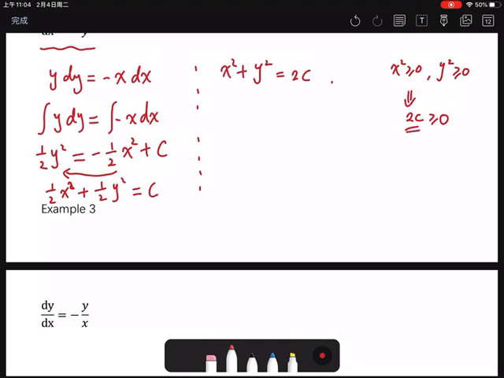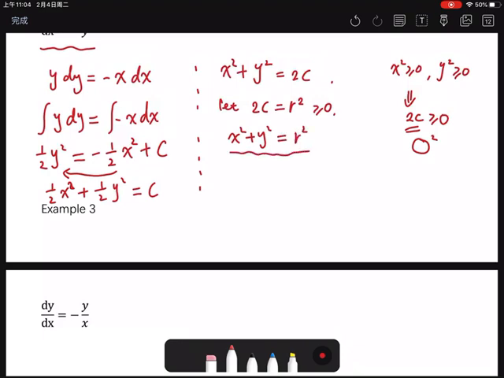Okay, so 2c is a non-negative value. So we can replace 2c by a square number. So we can let 2c be a square number which is non-negative. Alright, so the equation can be written as x squared plus y squared equals r squared.